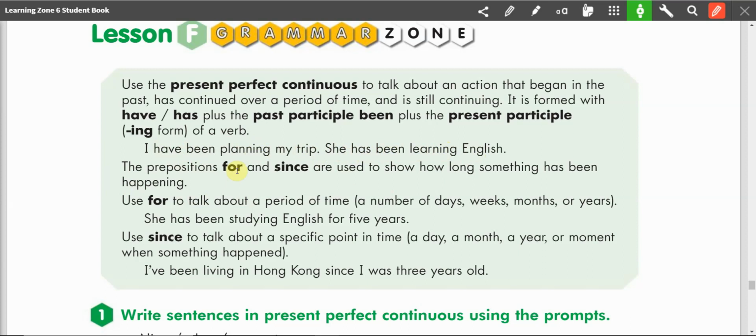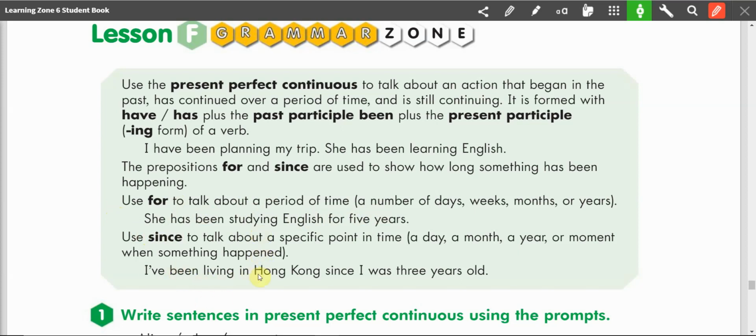The prepositions for and since are used to show how long something has been happening. So you use for to talk about a period of time, a countable period of time, days, weeks, months, for sure. She has been studying English for 5 years. And since is used to talk about a specific point in time when something happened.